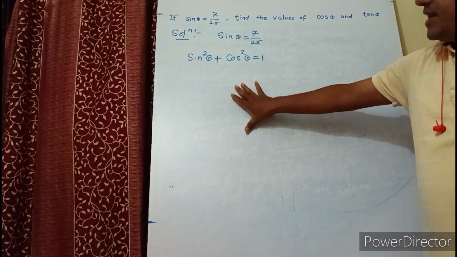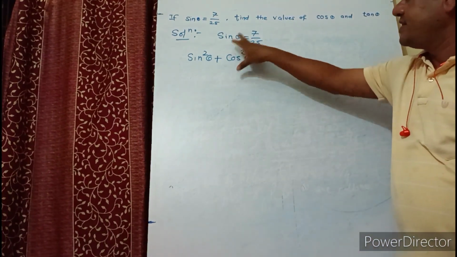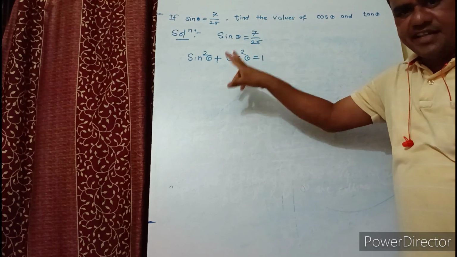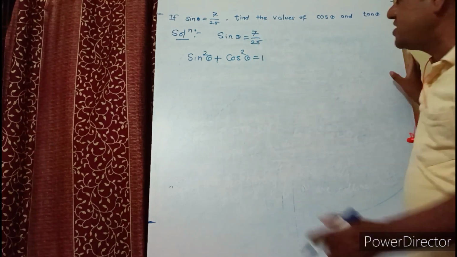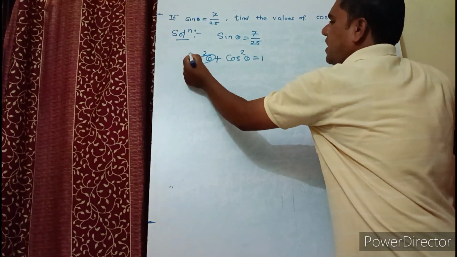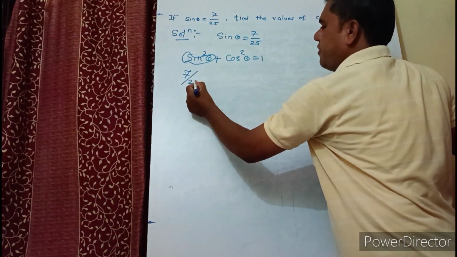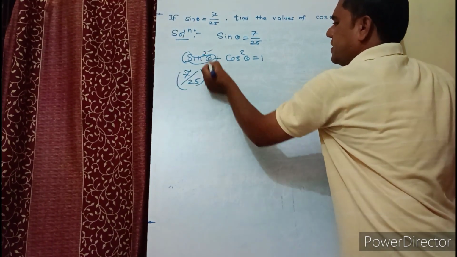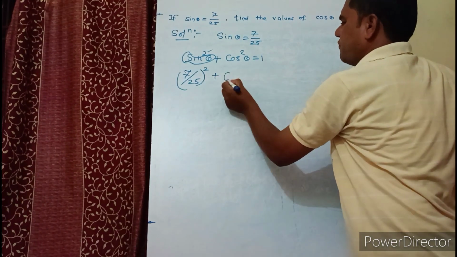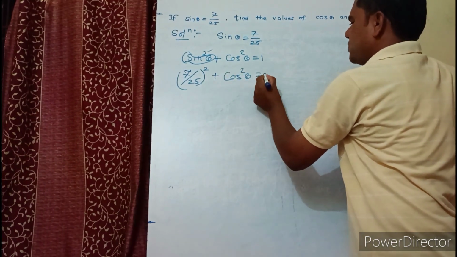Now by putting the value of sin theta, that is 7 by 25, in this formula, put 7 by 25 with the square as it is, plus cos square of theta as it is, equals 1.